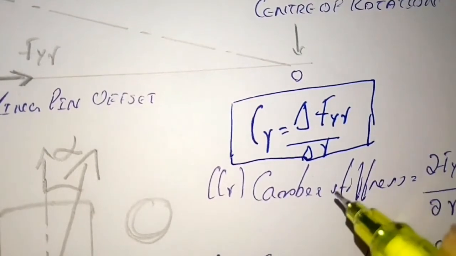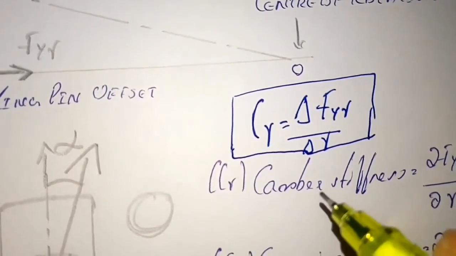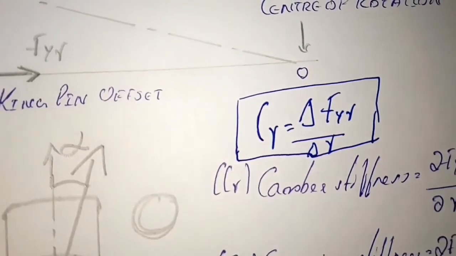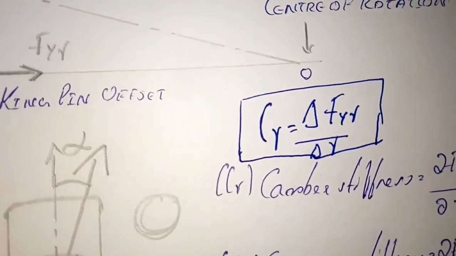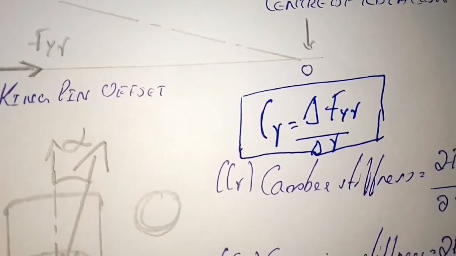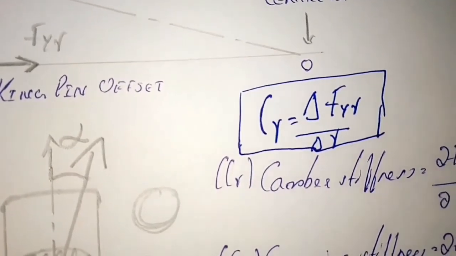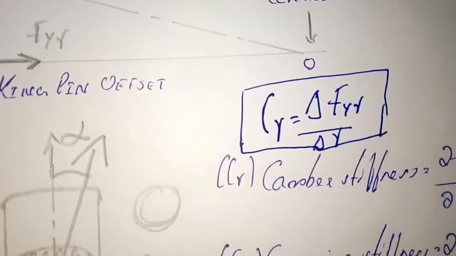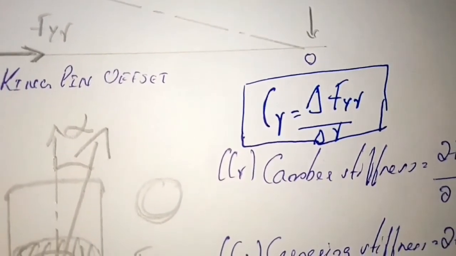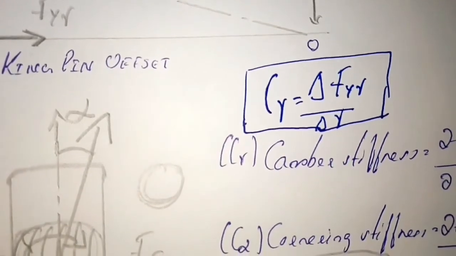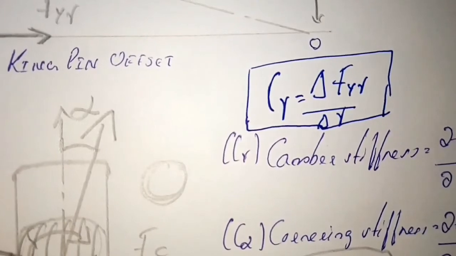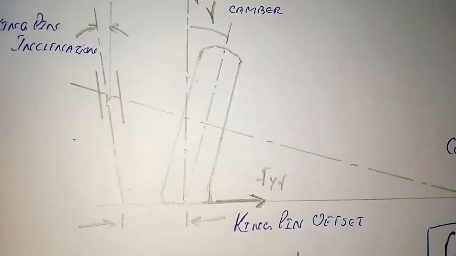Keep both these things in your mind. It is very much essential in tire dynamics, which is a part of vehicle dynamics. Cornering stiffness and camber stiffness help to compare the cornering properties of various tires, that means bias ply tire, radial ply tire, or whatever, depending on the vehicle characteristics. It is very helpful for comparing the properties.